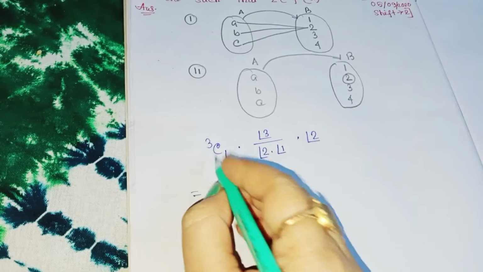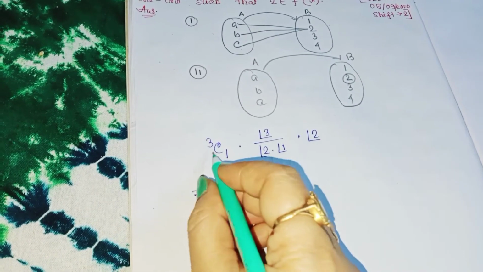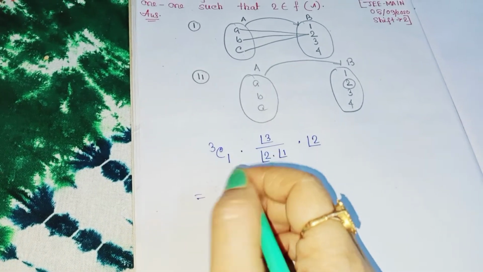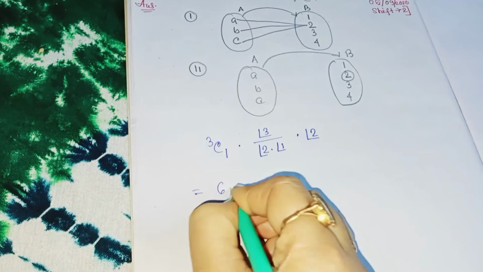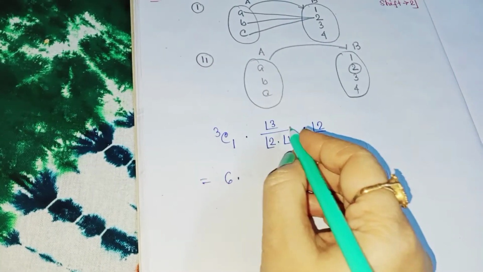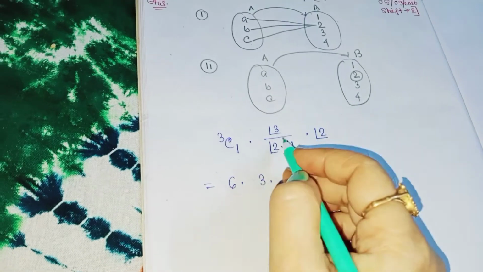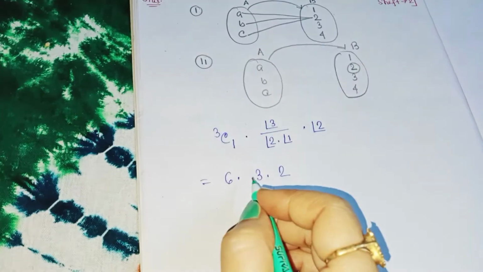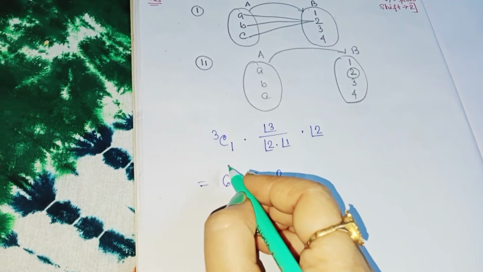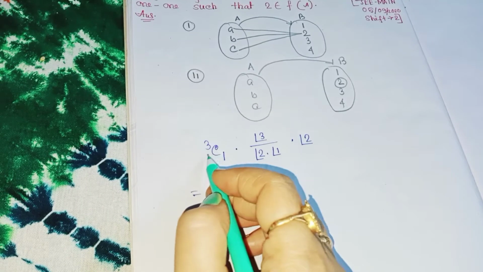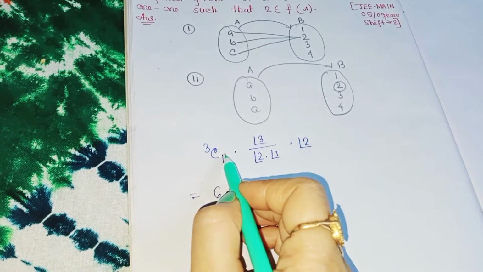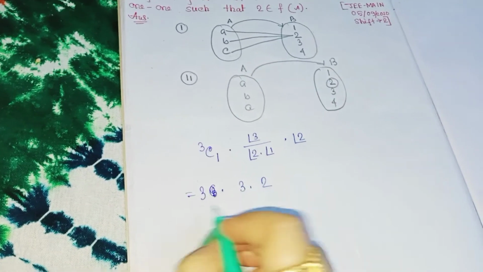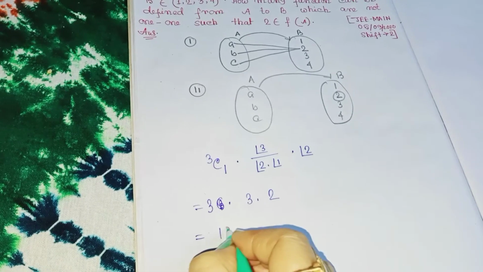Here we get 3C1, which is equal to 3, and we get 3 into 3 into 2. One thing here, it is factorial 3 by factorial 2, and no sorry, it is 3 only. So here we get 18.